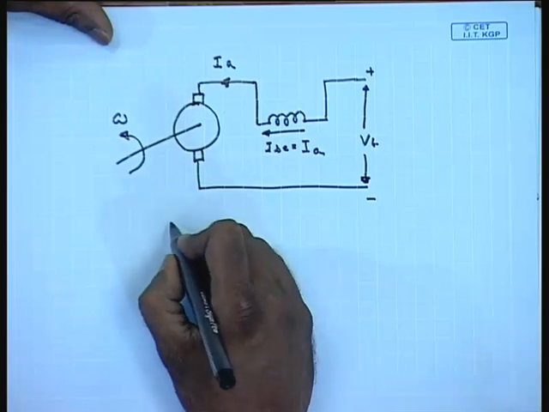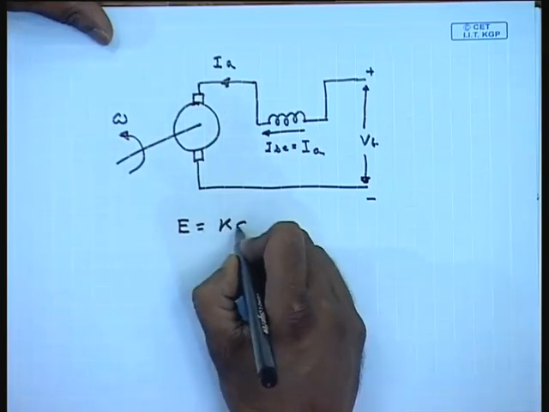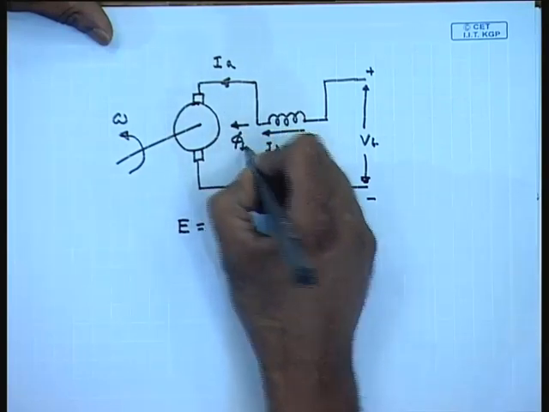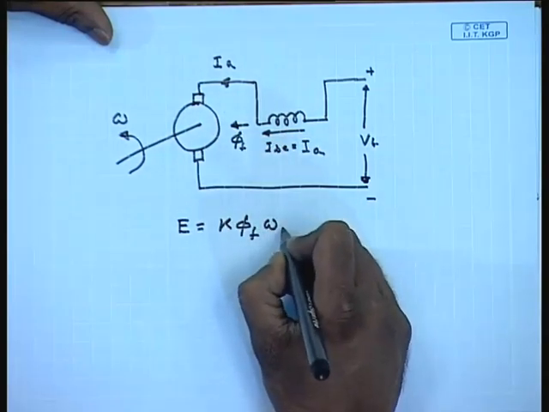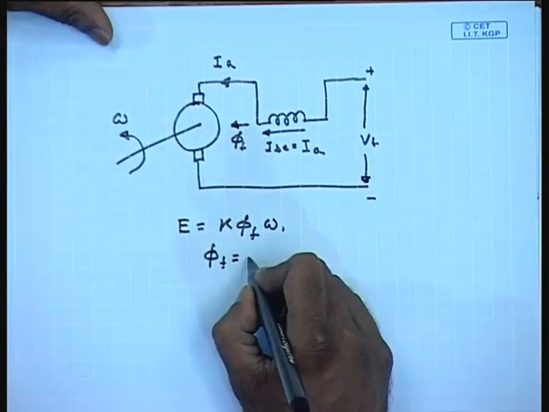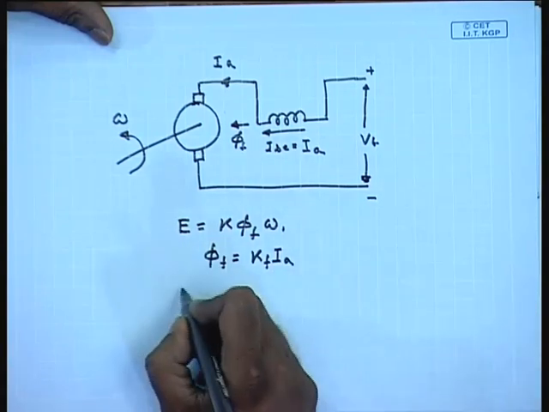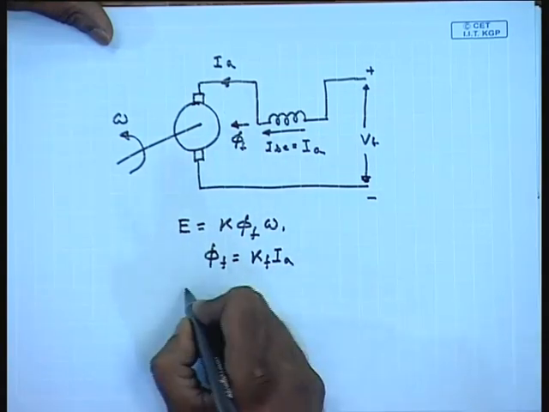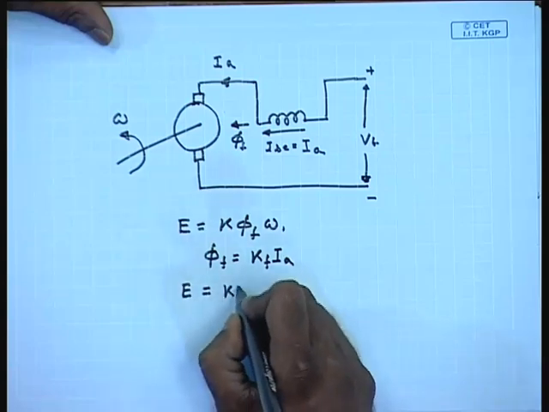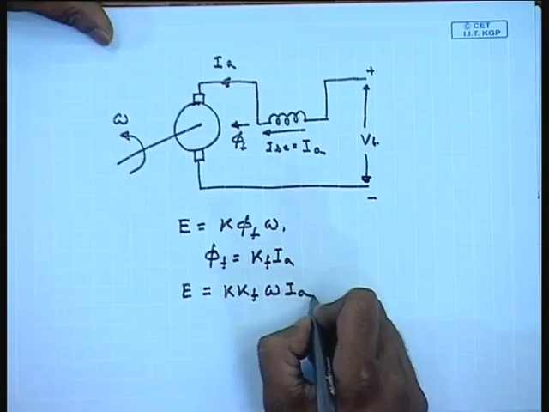as follows. The generated voltage E equal to K phi f omega, where phi f equal to K f I a, and therefore, E equal to K K f omega I a.